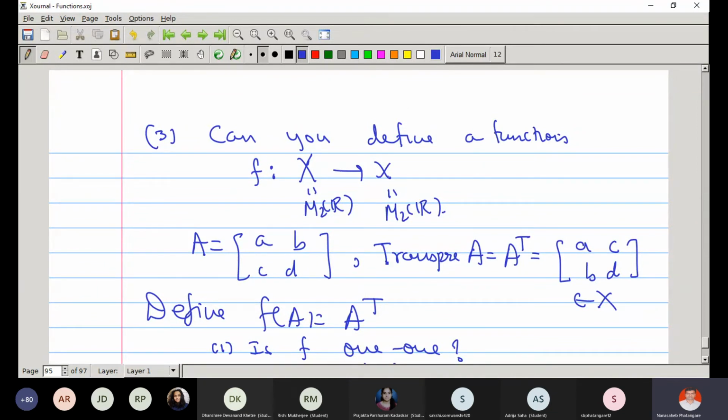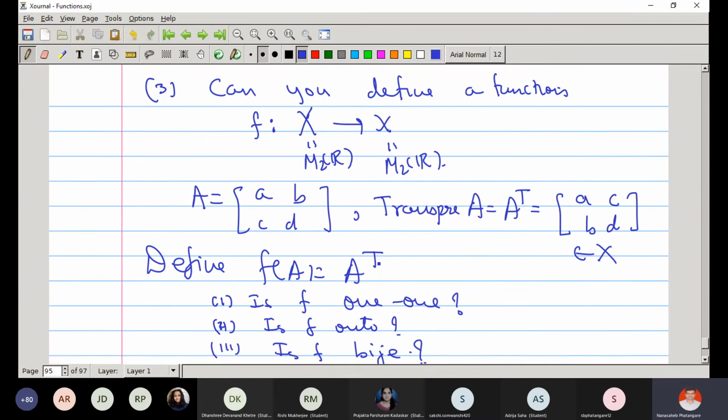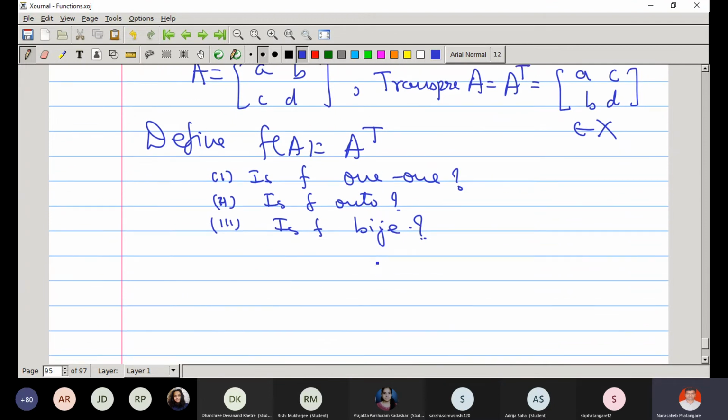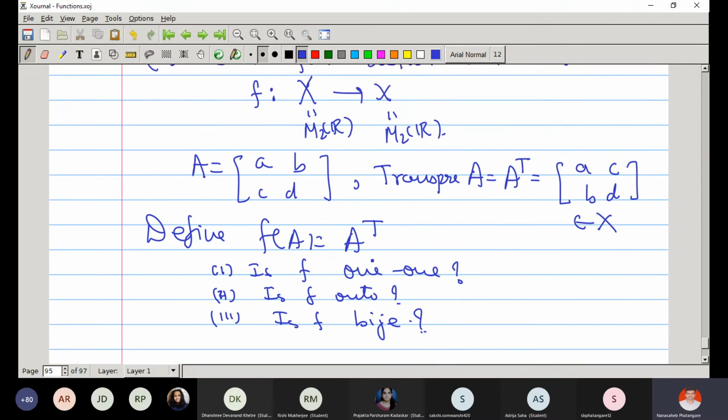You can think about some general sets, functions from matrices to matrices. Transpose is one process. There are many processes you can apply on a matrix so that you will again get a matrix. Is there any other process?